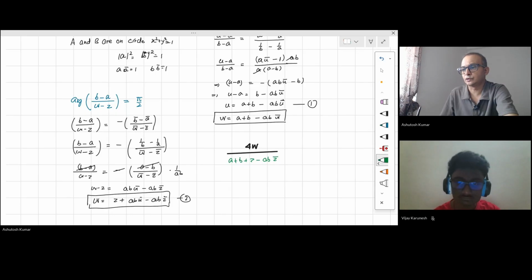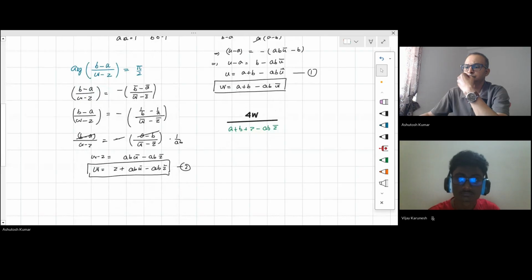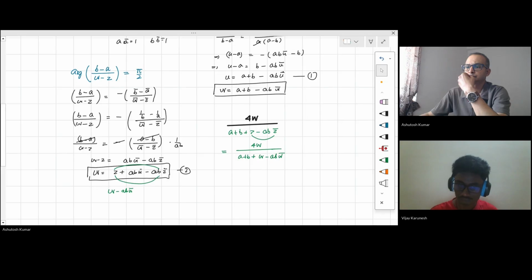You see that here, what I'm getting. You notice that this thing, the Z minus ABZ bar, these two collectively I can write as W minus ABW bar, correct? Yes, sir. So Z minus ABZ bar I'm writing as W minus ABW bar. Correct.